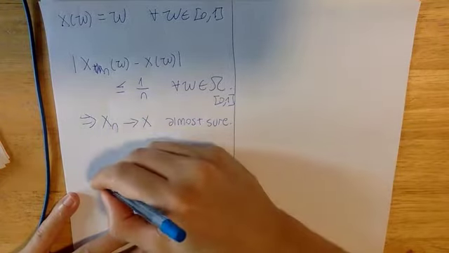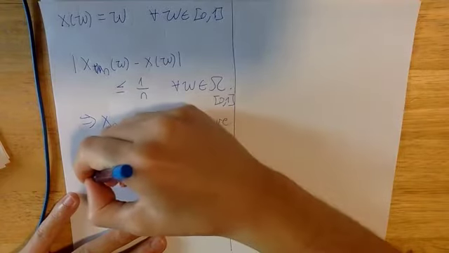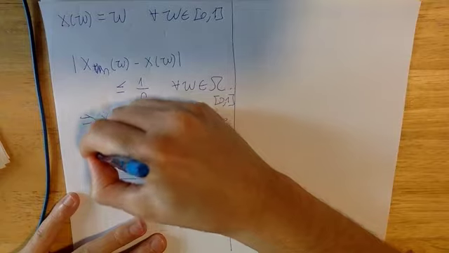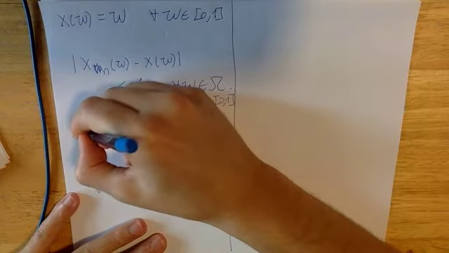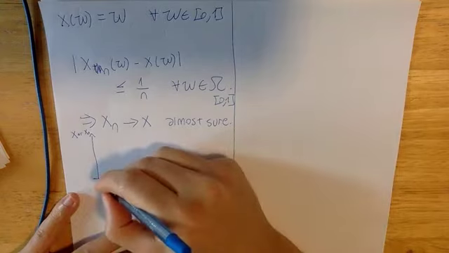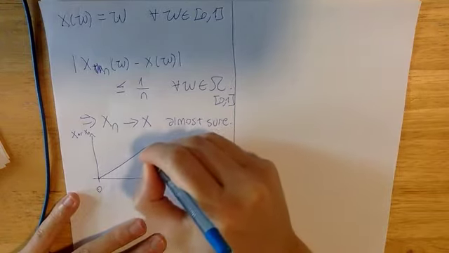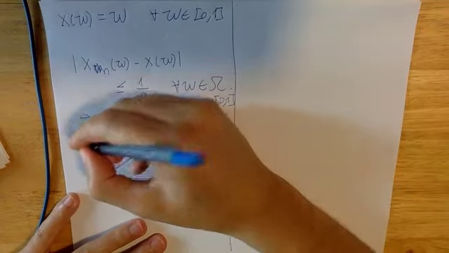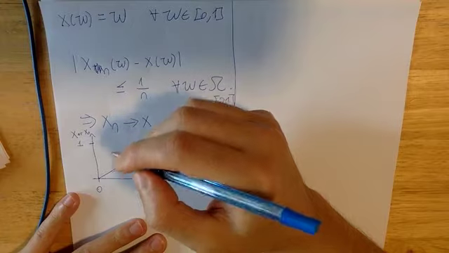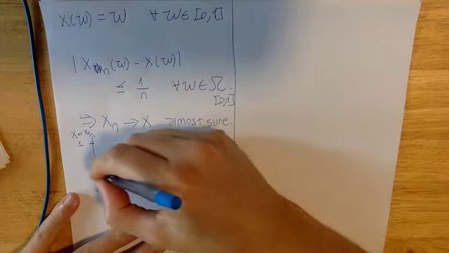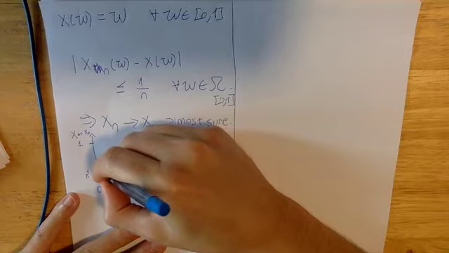So if we have the sample space, which is given by 0, 1, and here in this axis we have x or xn, so x is given by this, and xn is going to be equal to, let's say here, 1 over n.